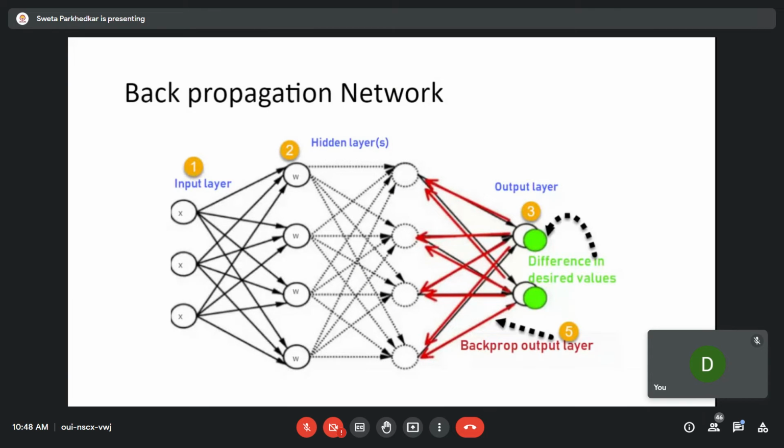ठीक है, तो हम लोग आज बैक प्रोपोगेशन नेटवर्क पढ़ते हैं. So the back propagation algorithm is one of the most important developments in neural networks.